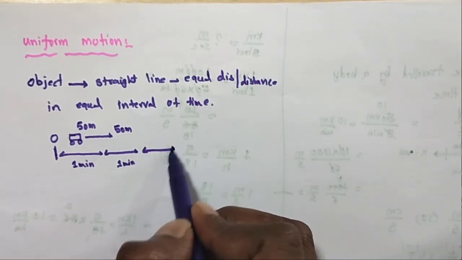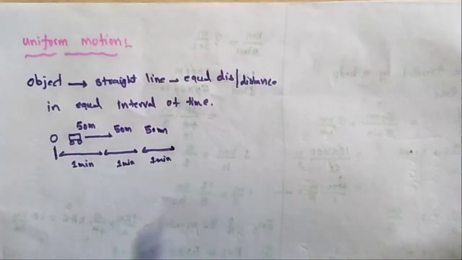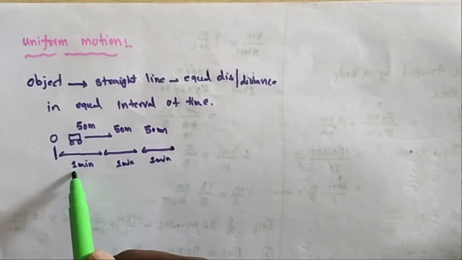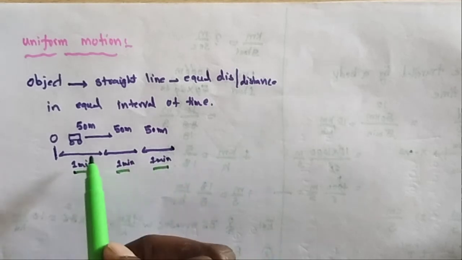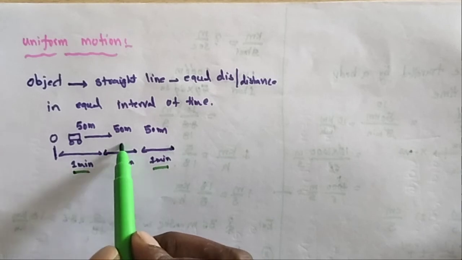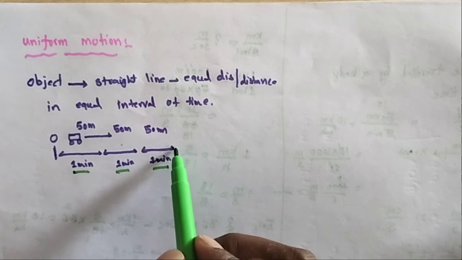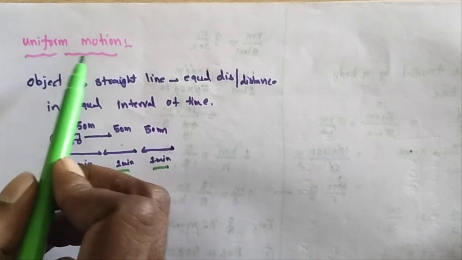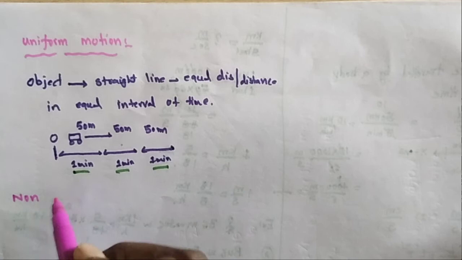In the next 1 minute, the bus moves 50 meters. What is your observation here? In equal intervals of time, the bus covers equal distances, 50 meters, 50 meters. So this bus is moving with which type of motion? Uniform motion.